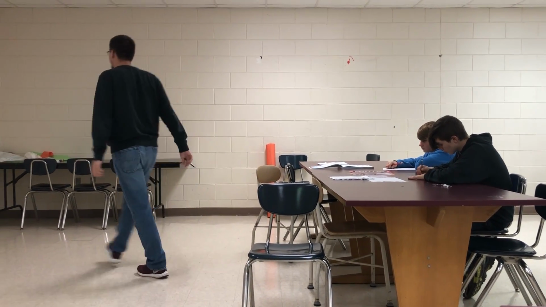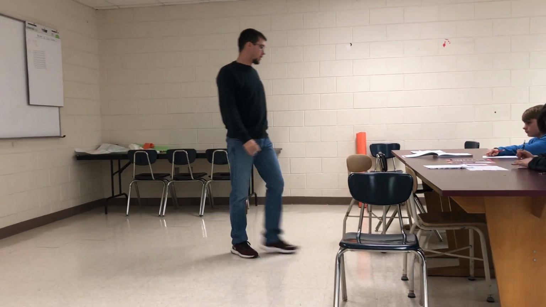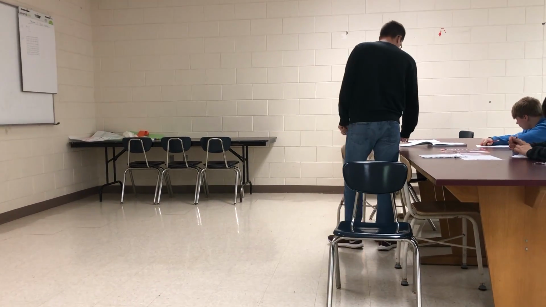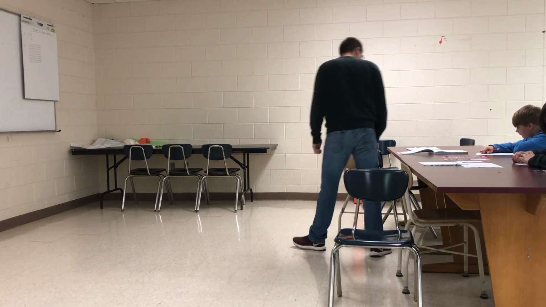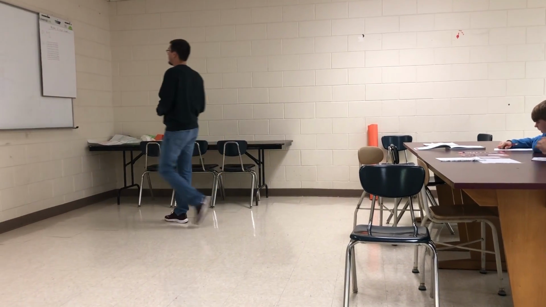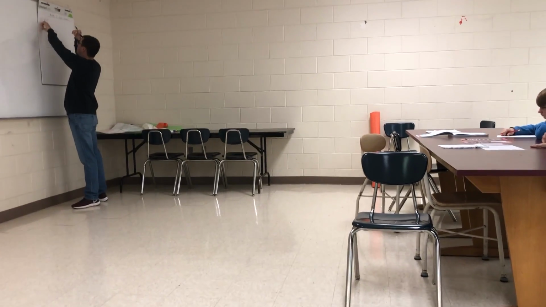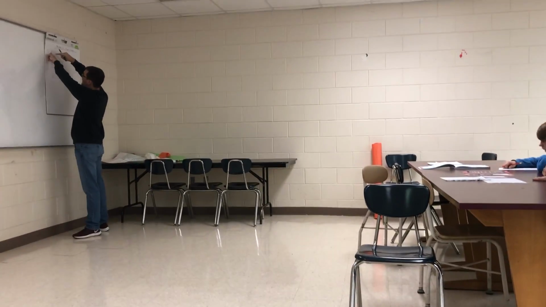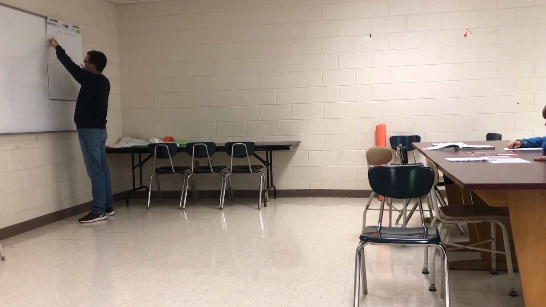Okay, now after we got that drawn, we want to split our grid up. Okay, we want to split our rectangle up into our equation. Alright, so right now, okay, I've got 8 times 5 and 8 times 2.